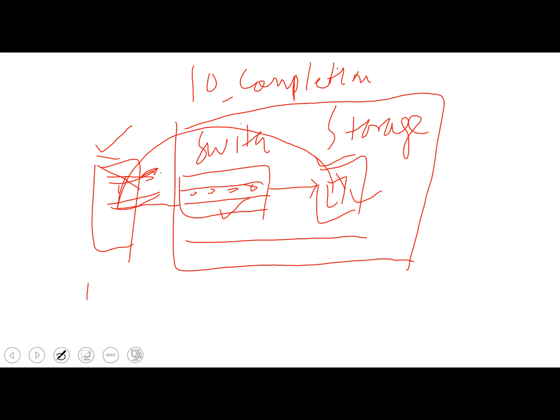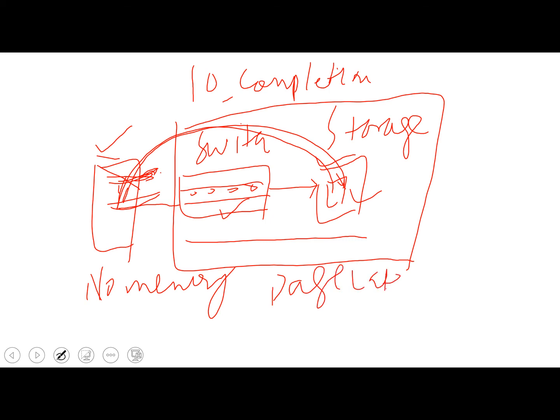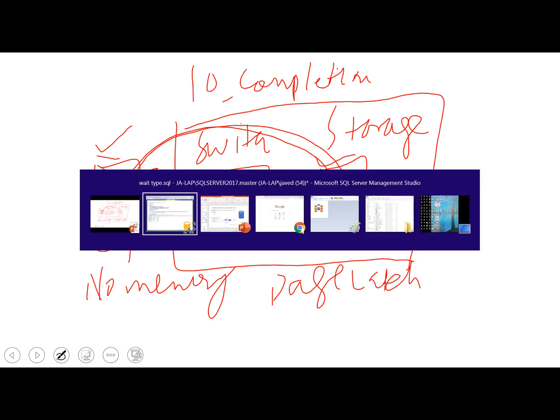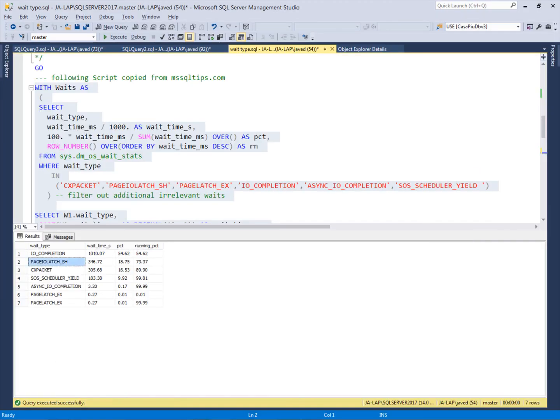All other threads are busy, so this thread is still waiting for the page to be read into memory and there is not sufficient memory. In this case, the page latch wait will be recorded by the system. So we have to check our memory and increase the hardware so that there is sufficient memory.